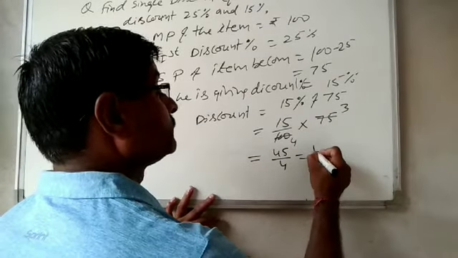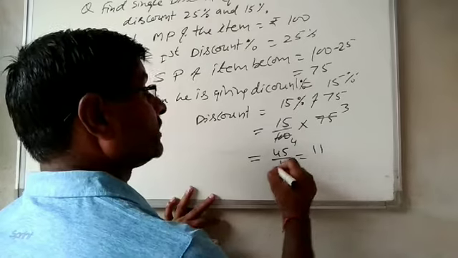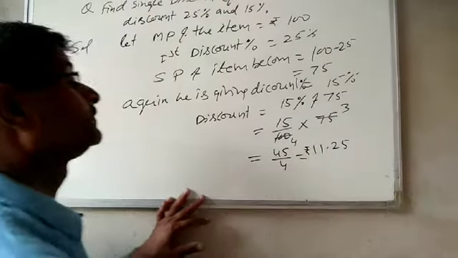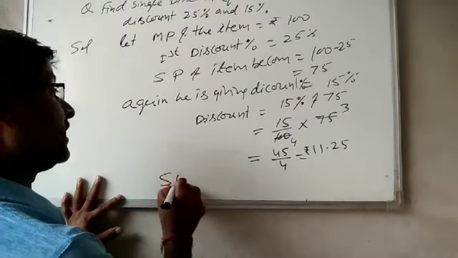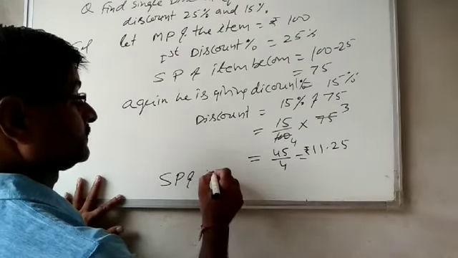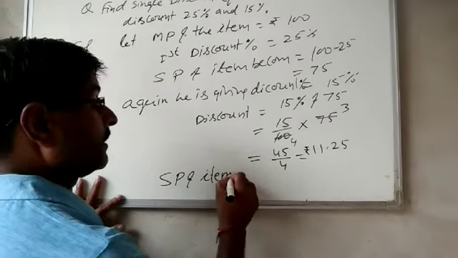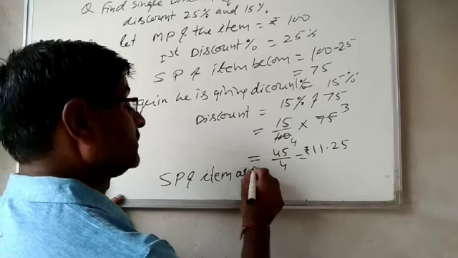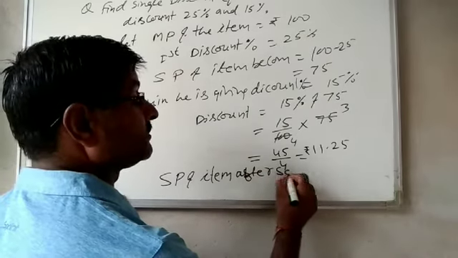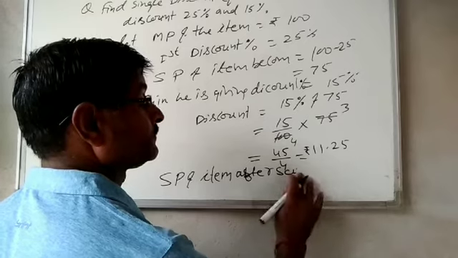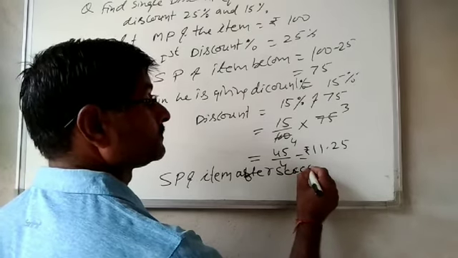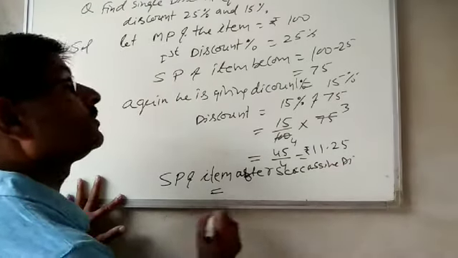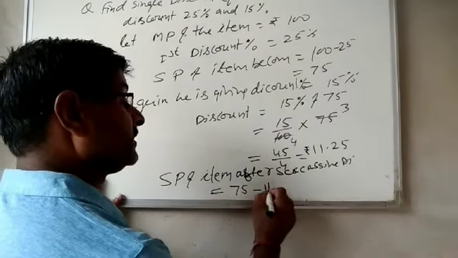Equal to 11.25 rupees. So selling price of the item after successive discount is equal to 75 minus 11.25.